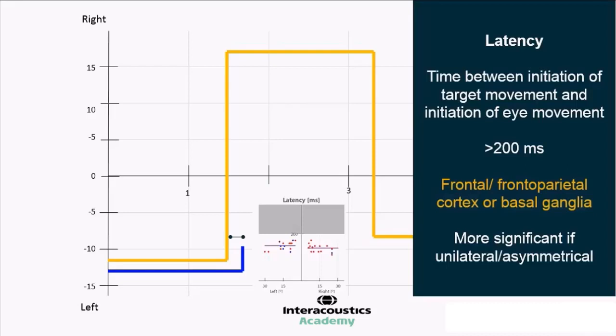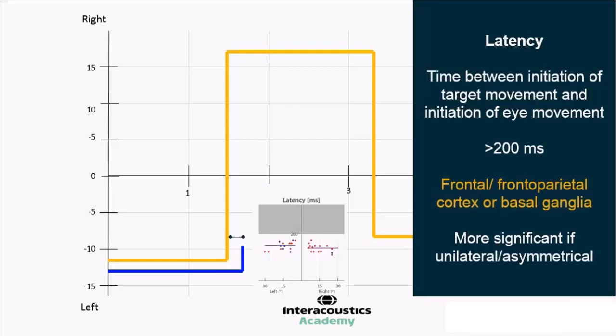Now, typically what we would see are eye movements around about 100 to 120 milliseconds following the target movement. Any delay in this movement of greater than 200 milliseconds, if it is a consistent pattern and follows through the saccades, we can look at whether that eye movement is delayed both unilaterally, either to the right or to the left, or up or down for vertical saccades, or whether it's bidirectional and that it's present in either the horizontal or the vertical plane.